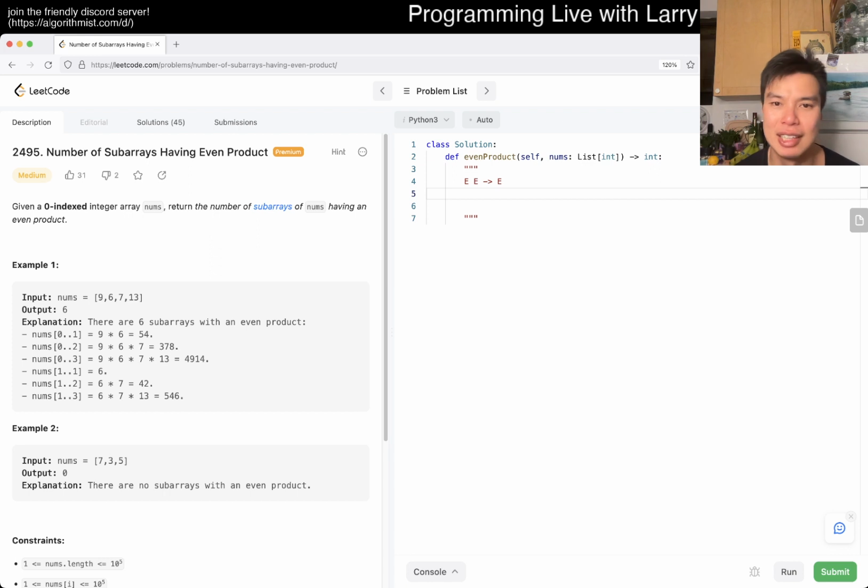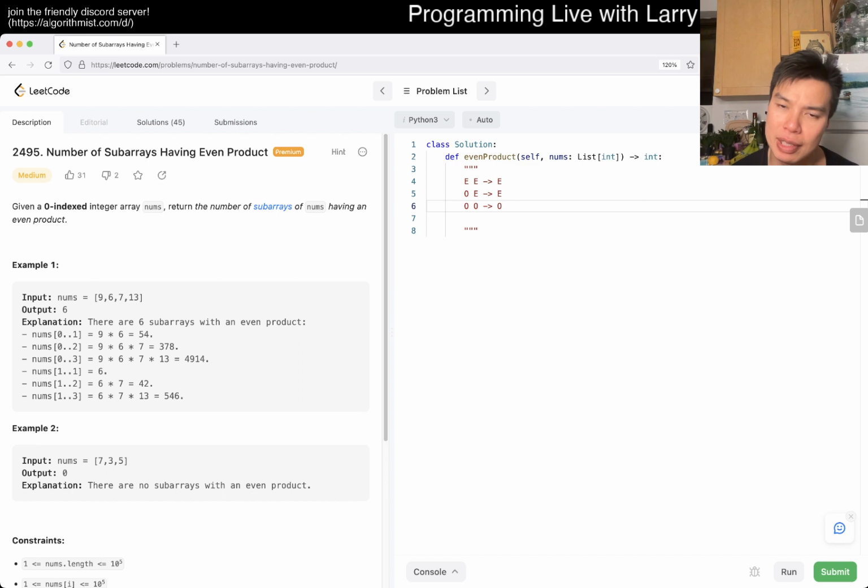Odd times even becomes even. And odd times odd is equal to odd. Is that right? Yeah, because two times three is six, etc. So I think that's basically the roadmap of what we are looking at with respect to what it means to be a product. And now, what does that mean?